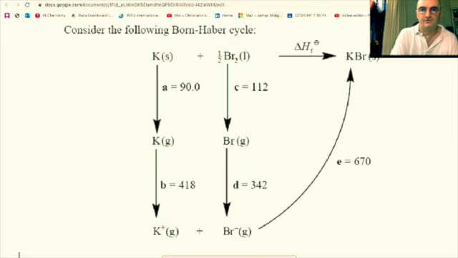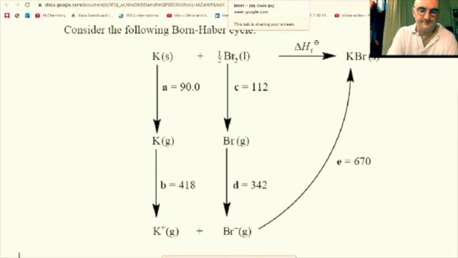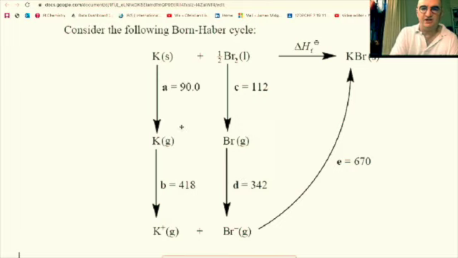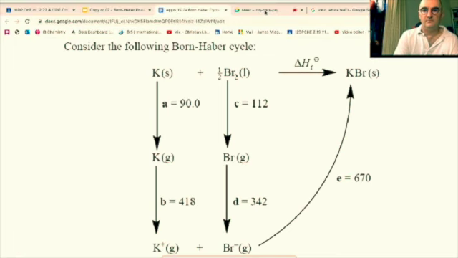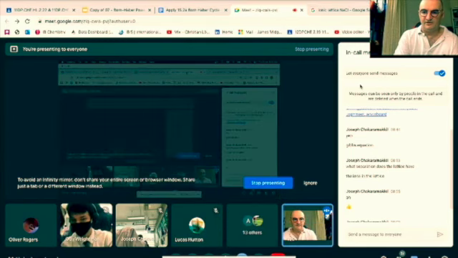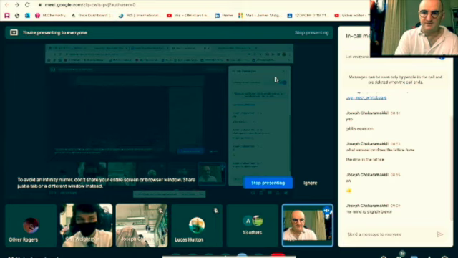Okay. Lucas has gone quiet. Is that okay? Yep. Cool. Then you've got electron affinity, ionization energy. So what value do you get for the enthalpy of formation? Go. Type your number into the chat, please.